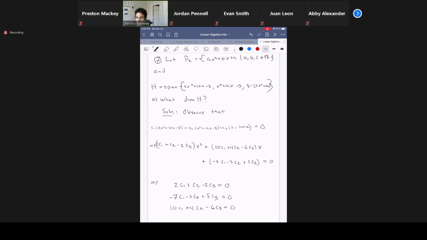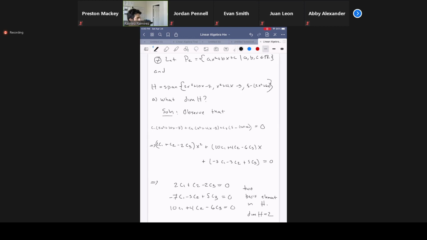And if you repeat this with just two of them, if I were to RREF the stuff without one more, you'll find that would actually give you C1, C2 equal to 0. So that means that there are two basis elements in H. So the dimension of H has to be equal to 2.